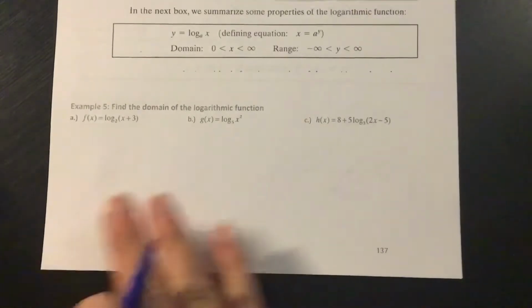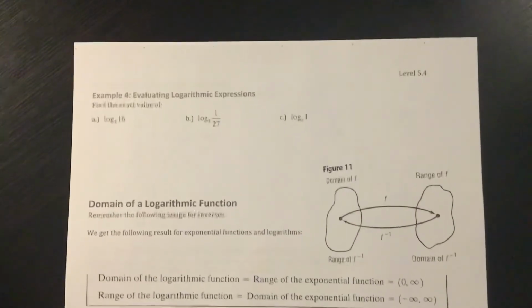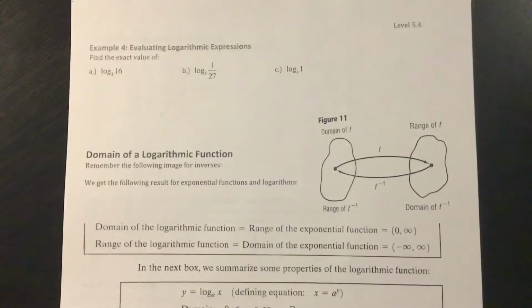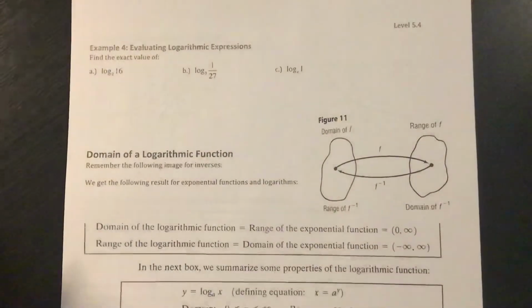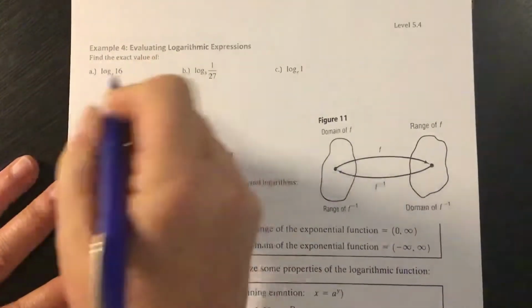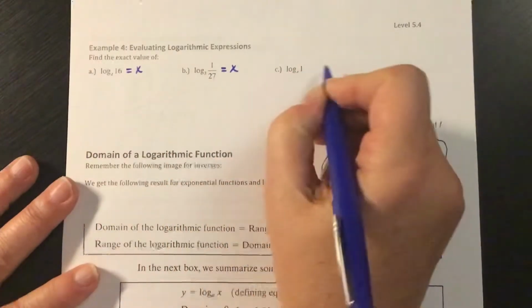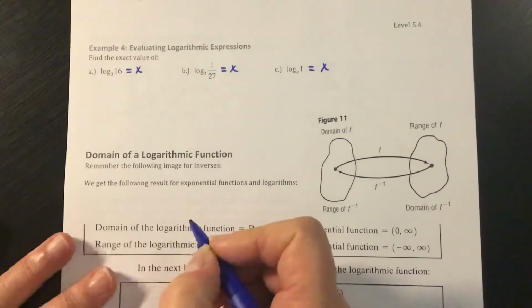On the next part, it asks us to evaluate some of these logarithms. The first thing we're going to do is write this as an exponential sentence. Because I don't have an equation here, I'm just going to make all of these equal x, and write the exponential sentence.